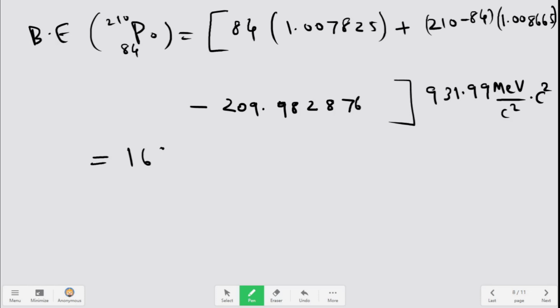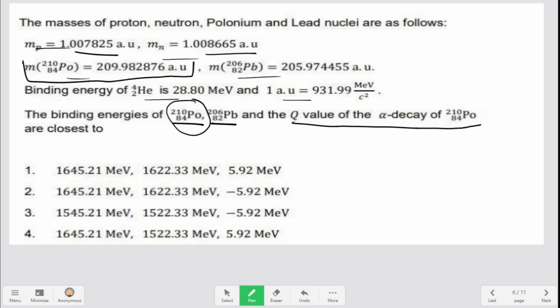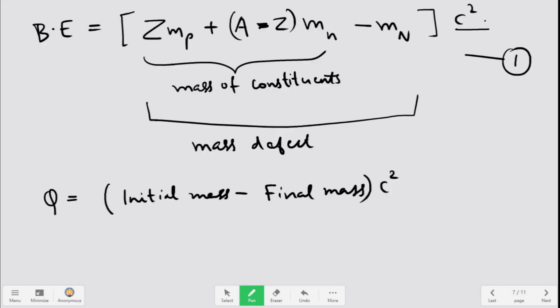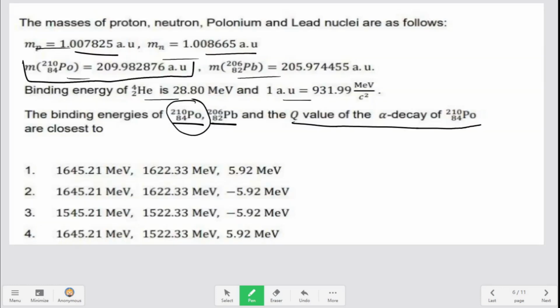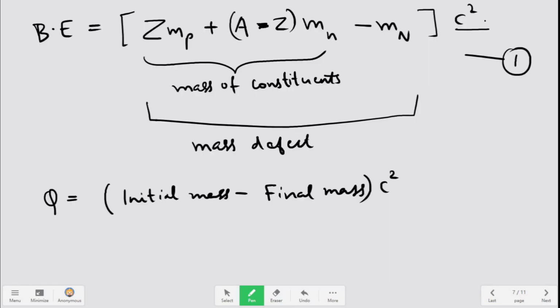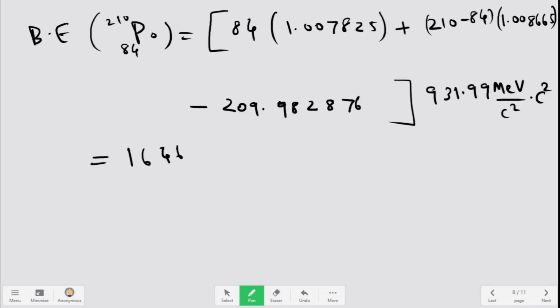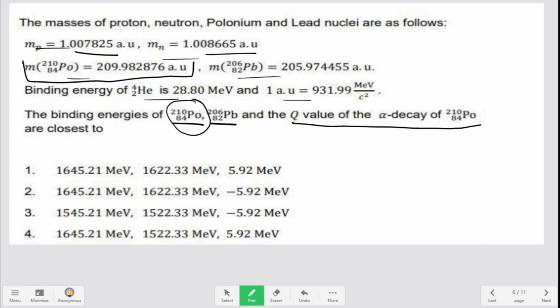So when you do this calculation, you will get approximately 1646.09 MeV, which is very close to 1645.21 MeV.